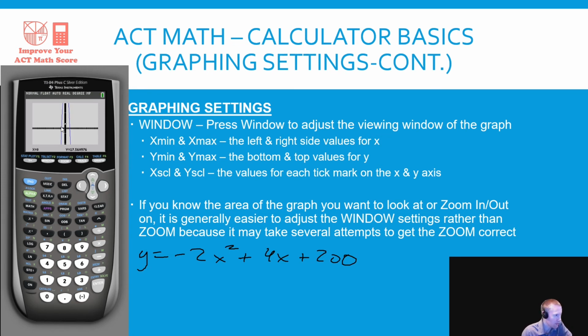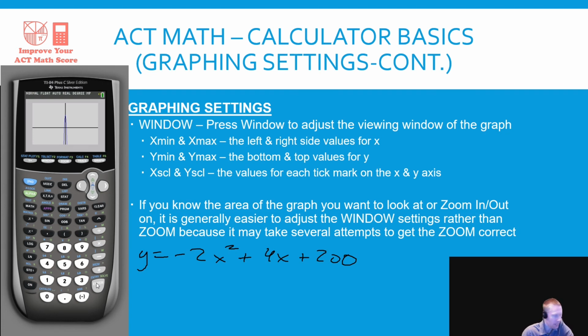So now, again, I've got a little better picture of it, but it's still not quite showing me where the maximum point is. So if I want to try to zoom out again, I'd have to maybe scroll up here again, hit enter.